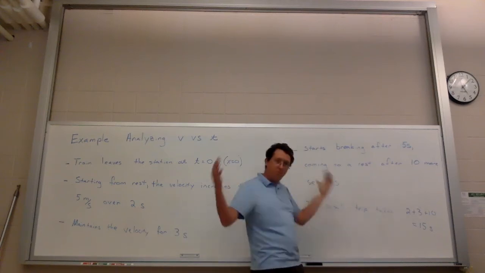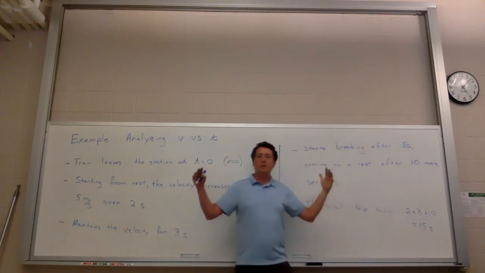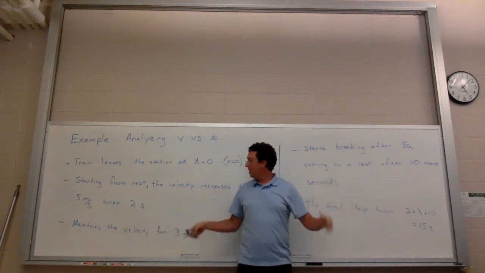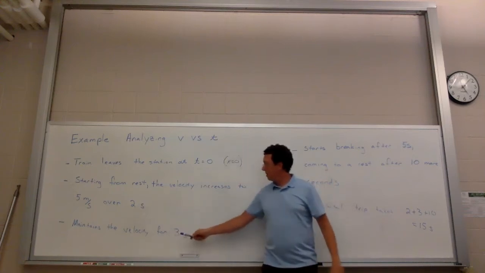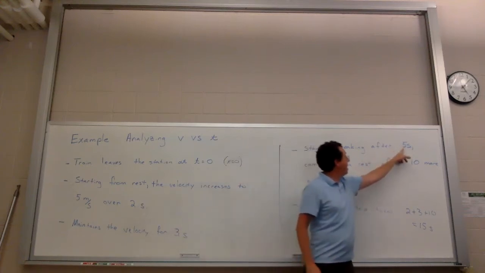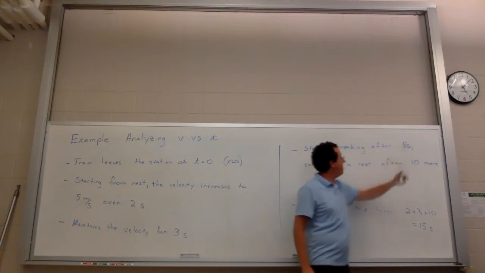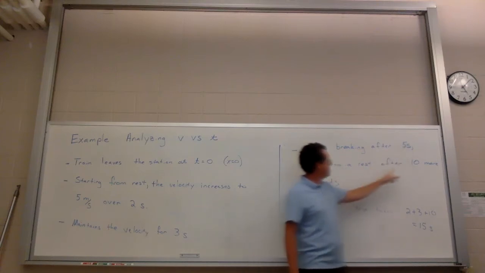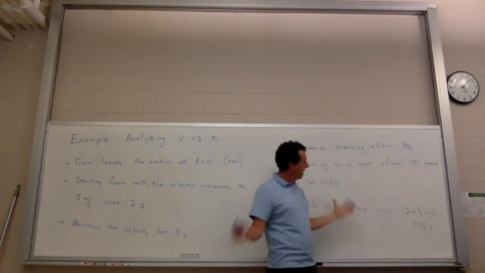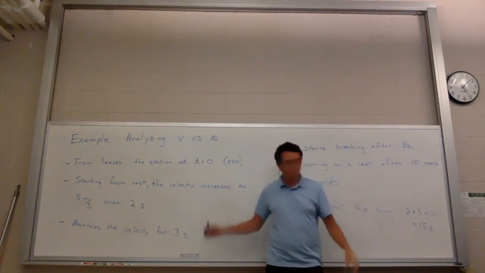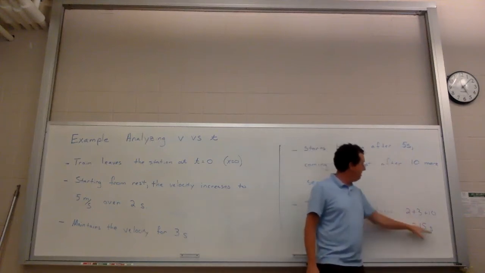So just so we're all counting the time correctly, we'd get 5, and then it comes to rest after 10 more seconds. So the total time for the whole thing would be 2 plus 3 plus 10, 15 seconds.